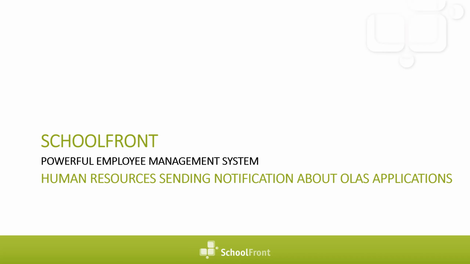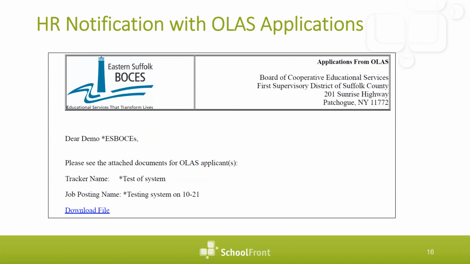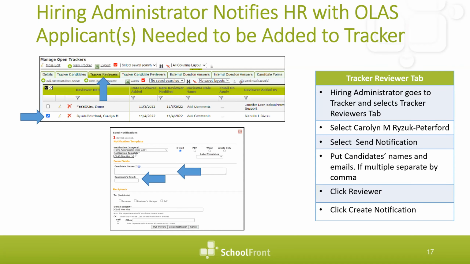Okay, and the email, you don't do anything, you just wait. You'll get an email that says, hey, Danielle Hudak, this is the OLAS applications for this particular tracker and this particular job posting. You'll download it, you'll review it. If you find somebody that is a strong hire, you want to hire that person, then we ask you to go into the tracker and go into Tracker Reviewer tab and just email Carolyn.